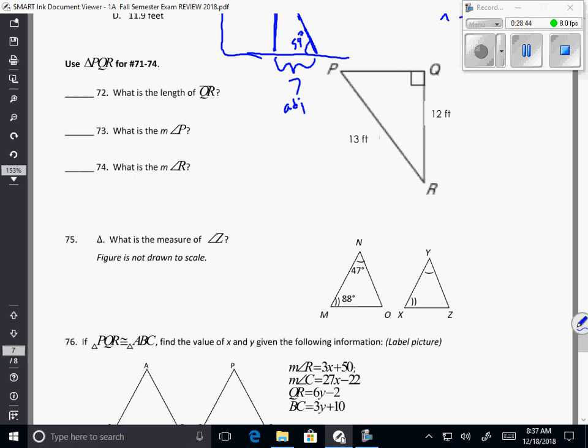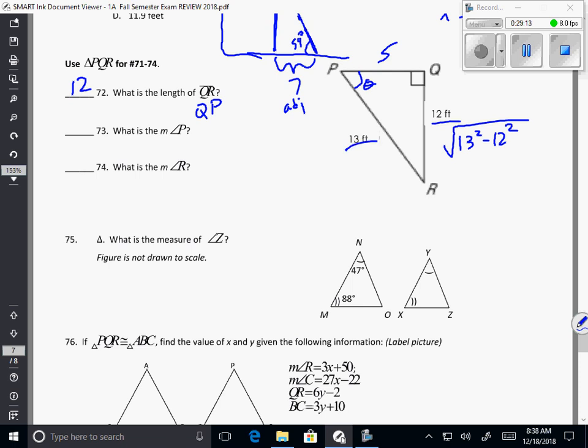QR is 12, but they actually wanted to know QP, which is the Pythagorean theorem. We have 5, 12, 13. Then angle P, call that our theta.